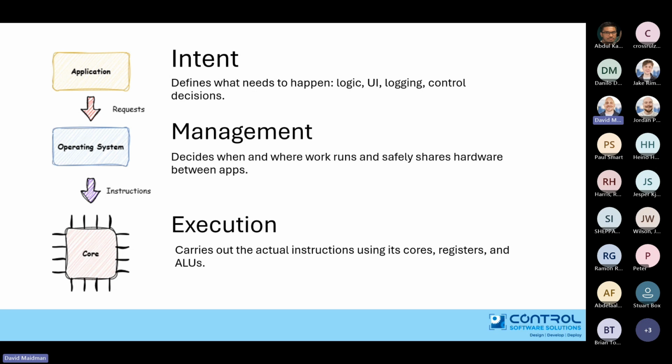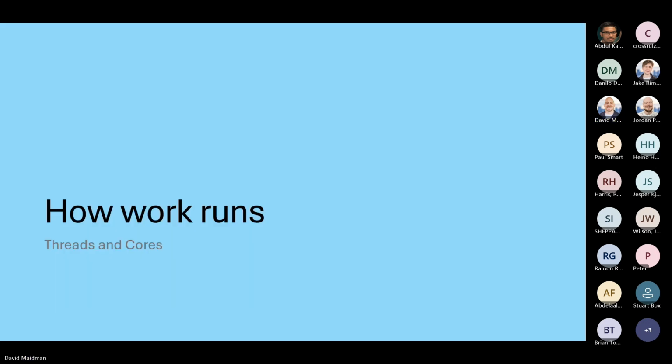It decides, of all the work it's been passed, where that work is going to run, on what core if there are multiple cores, or what hardware thread. It decides how things fit in with priorities. Then the execution layer just carries out the actual instructions on the cores: move this here, move that there, access this piece of hardware.